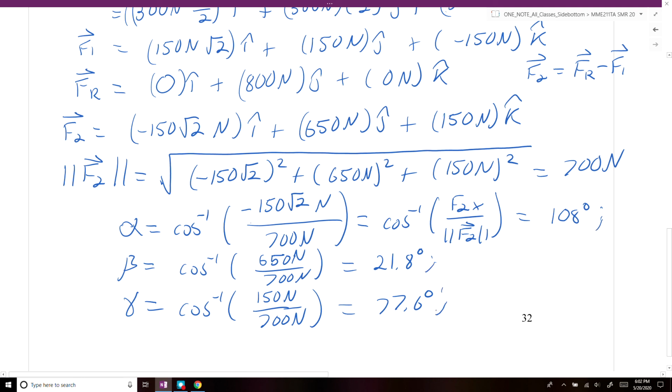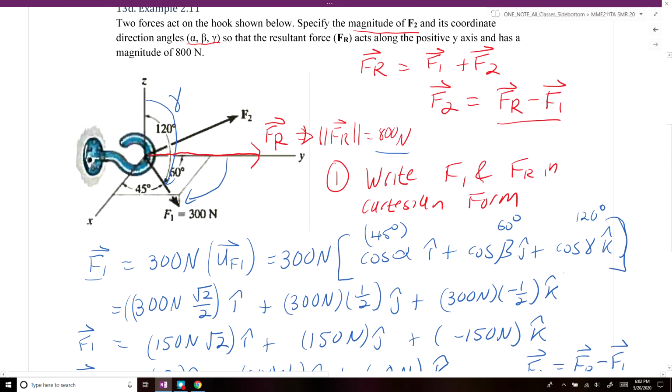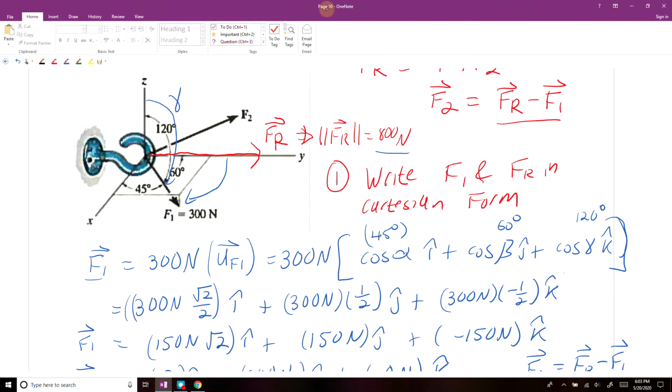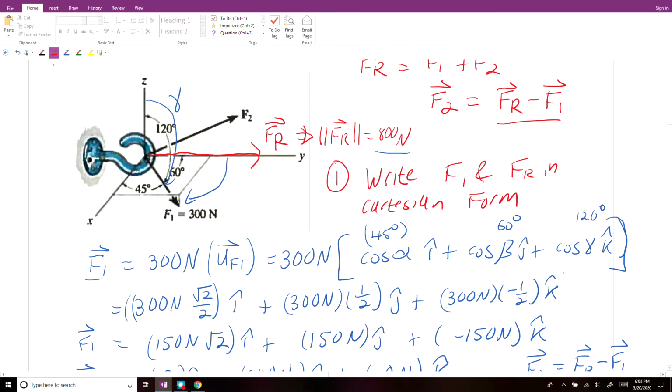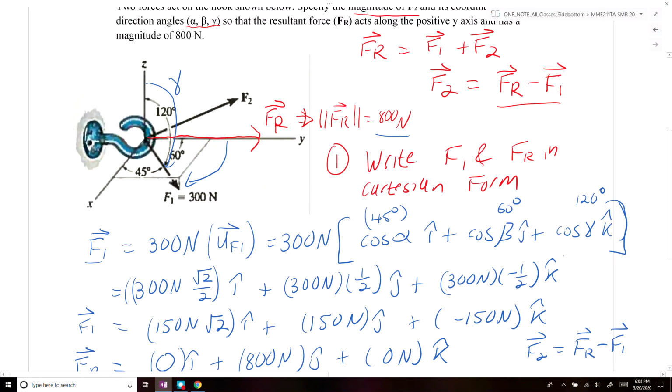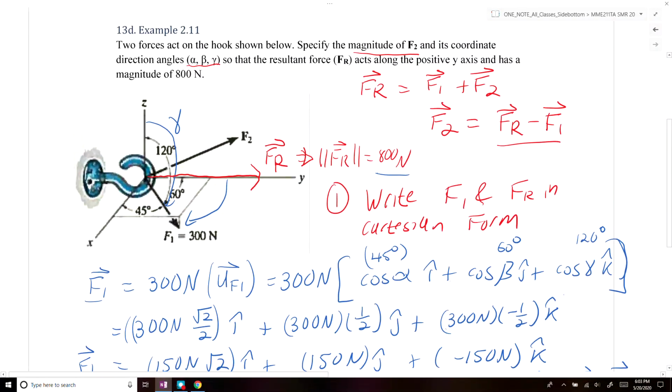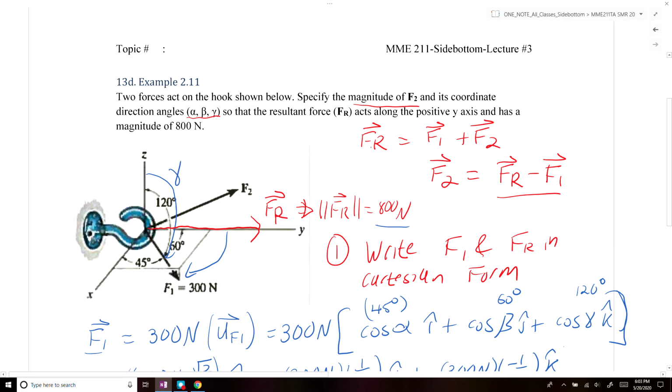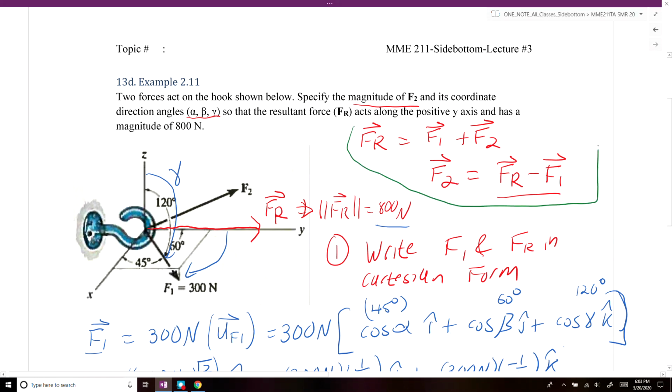So to recap what we did, we first looked at the problem statement and the geometry that was given to us. We wrote out our algebraic equation for our desired unknown, which was force 2.